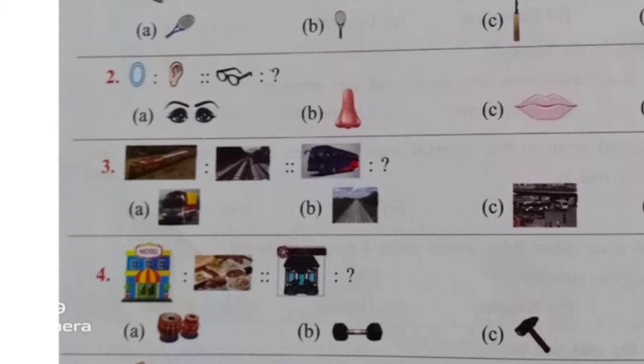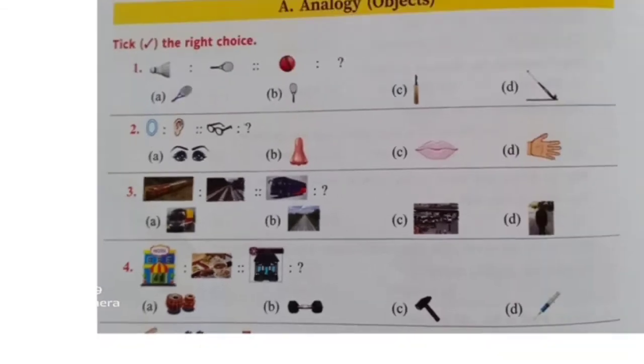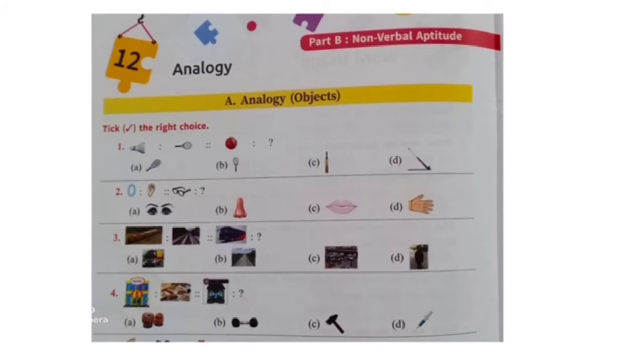And in the third picture gymnastics is given. Yes, here it is a little difficult to understand the picture. It is gymnastics, and here we go to do exercise. That is why our correct answer will be option B.